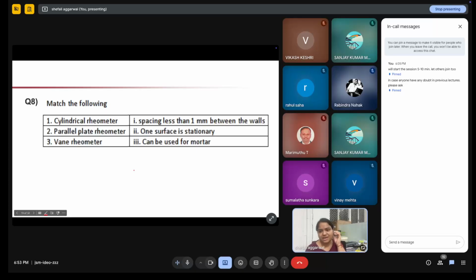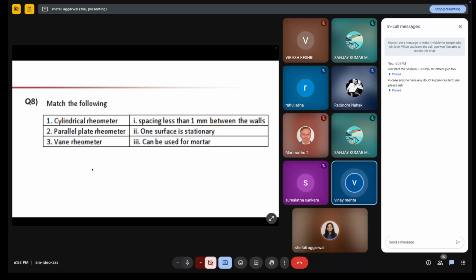Okay, next question is match the following. Cylindrical rheometer, parallel plate rheometer, vane rheometer, and the options are spacing less than 1 mm between walls, one surface is stationary, and can be used for the mortar. Any idea, cylindrical rheometer, what do you think it is? Spacing less than 1 mm.